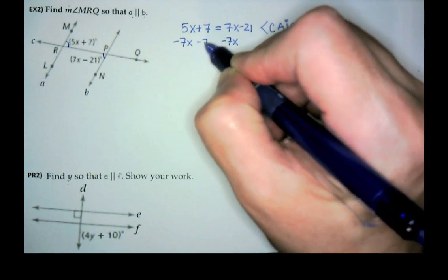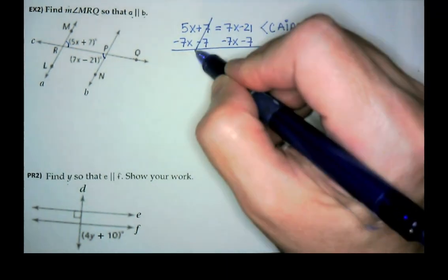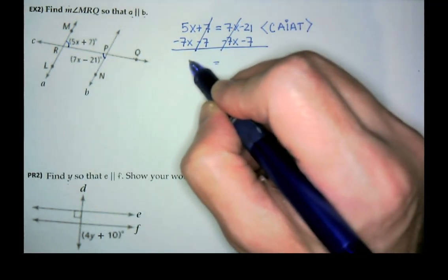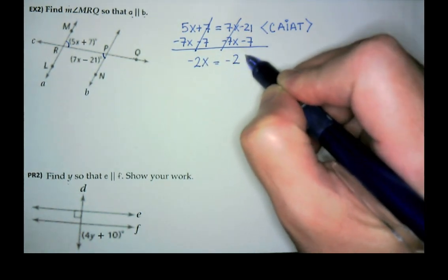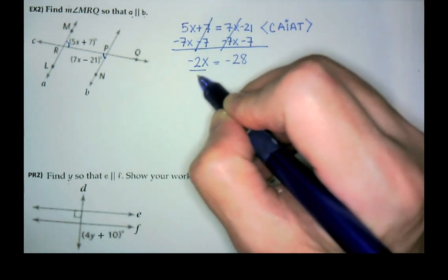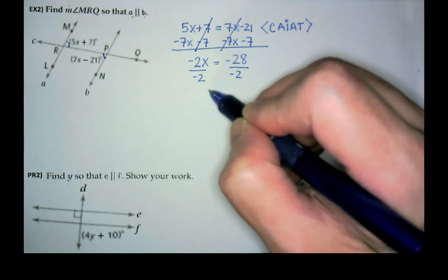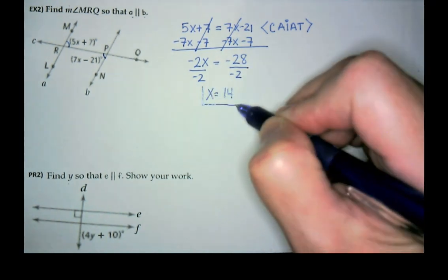And we're going to subtract 7 from both sides. So this 7 goes away, this 7 goes away. On this side, I'm left with negative 2x, and on this side, I'm left with negative 28. We divide both sides by negative 2. X equals 14.